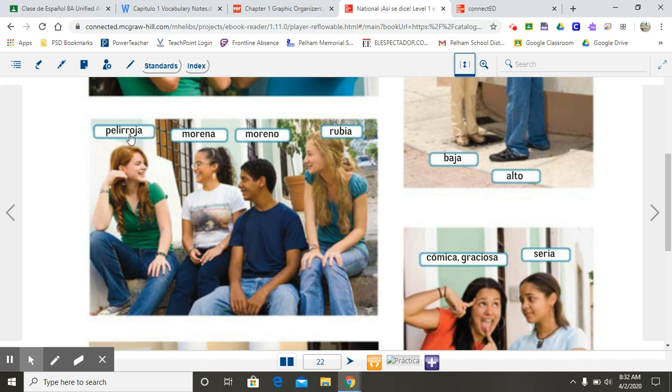What this word means is literally pelo is hair, and then you might have heard in the past the word rojo, which is red. So this is literally red hair. I know. So ready? Pelirroja. If it was a boy with red hair, go ahead and see if you can say it. If it was a boy, not a girl. Pausing point.